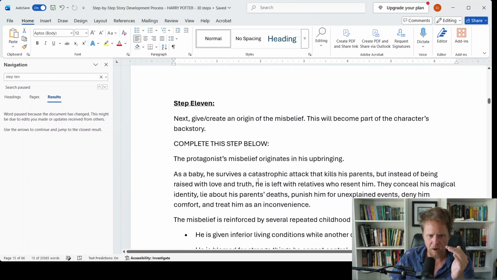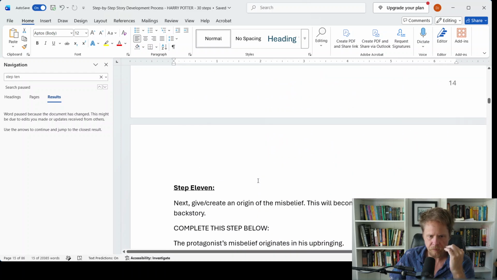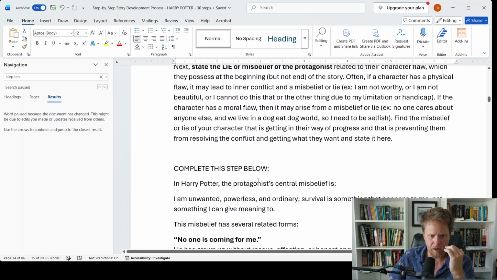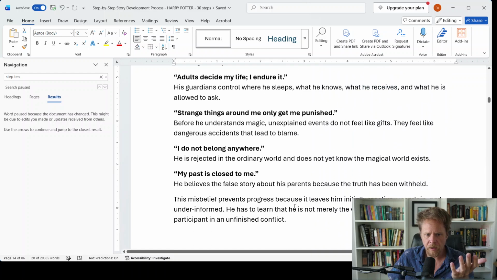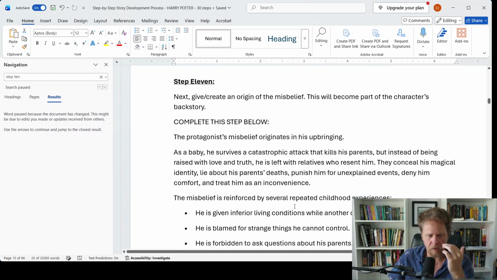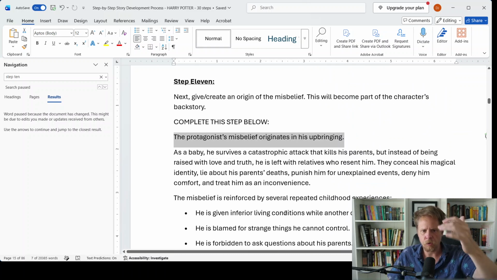We're talking about Harry Potter as our example here, and we said that the misbelief of Harry Potter is I'm unwanted, powerless, and ordinary, right? And then J.K. Rowling gave an origin of that misbelief, and we see it during the first chapters with the way his parents are treating him, right?